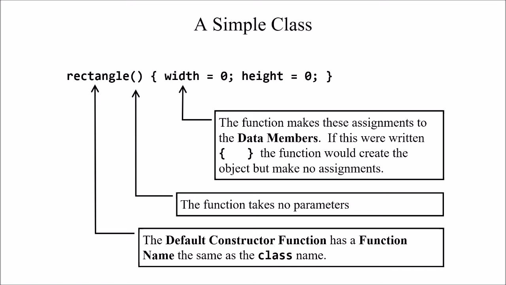You can write this constructor function with empty space between the curly braces, and then when the function is called, it will still create the object, but it will not make an initial assignment to the values. Although it seems to me it's a good idea to assign values to something when it's been declared. This is the default constructor.